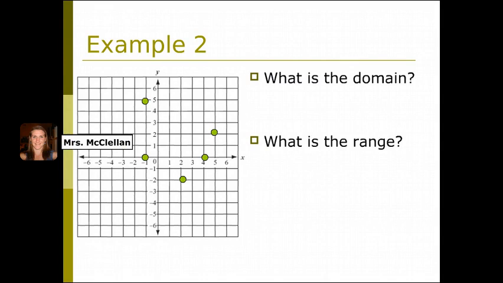For example 2, we need to find the domain and range on a coordinate plane. First, we need to label our ordered pairs.